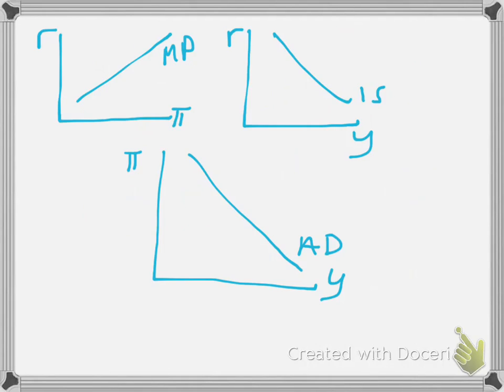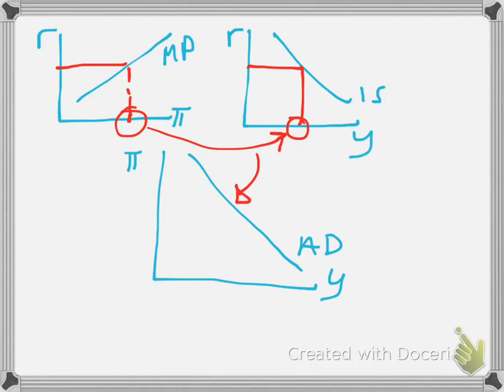We can now bring the MP curve together and say, for any given inflation rate, the central bank sets an interest rate. That interest rate determines how much GDP will be. And so we have a relationship between inflation and the level of GDP. It's a negative relation, and we call that relationship between inflation and GDP the aggregate demand curve. For a high level of inflation, the Fed will set a high real interest rate.